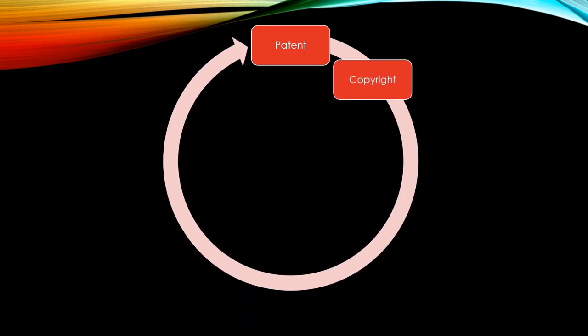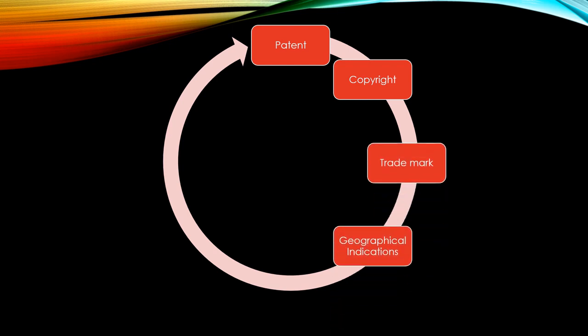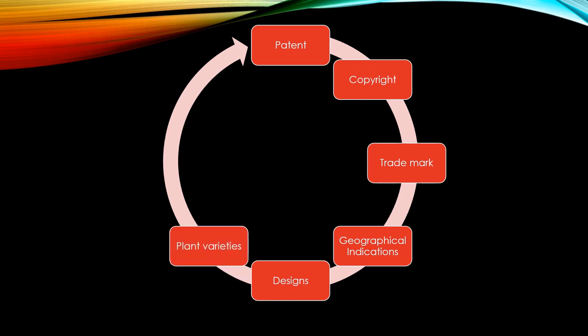Intellectual property rights are spread over various areas and they are named under various heads. For example, the first one is patent, then copyright, trademark, geographical indications, designs, plant varieties, integrated circuits.